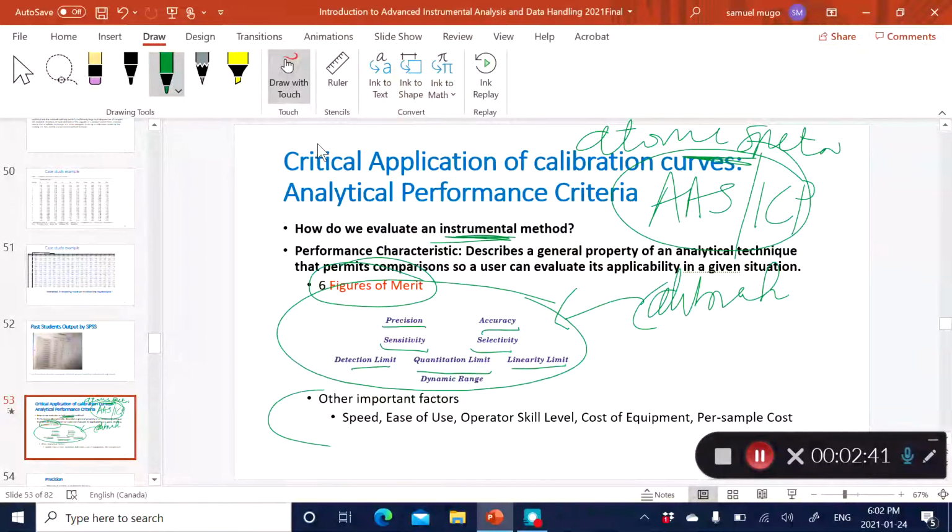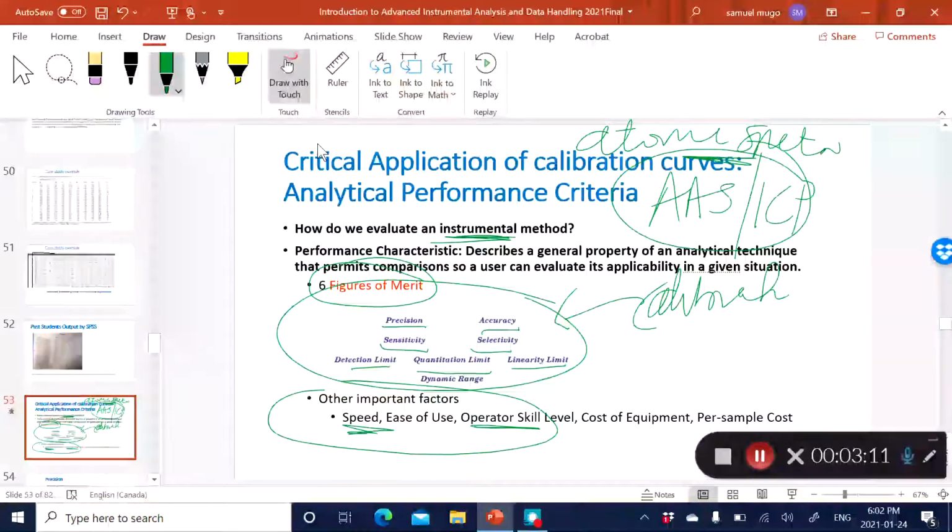Now, of course, there are other ways of evaluating instrumental methods that are not in the category of the figures of merit. Some of these include the speed, how quickly you can use the instrument, and sample throughput, how many samples it can possibly run in an hour. Does it need a lot of operator skill, or can somebody out there, the public, use it without a lot of expertise?